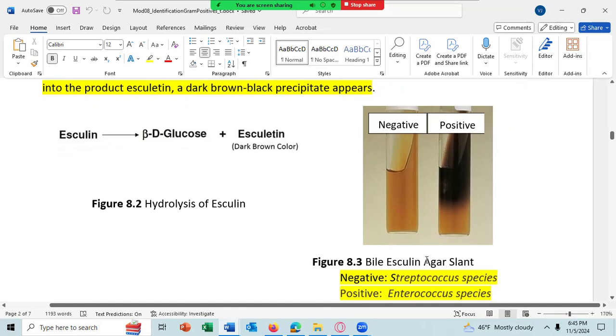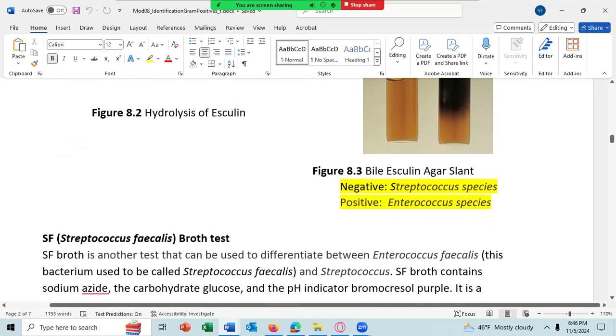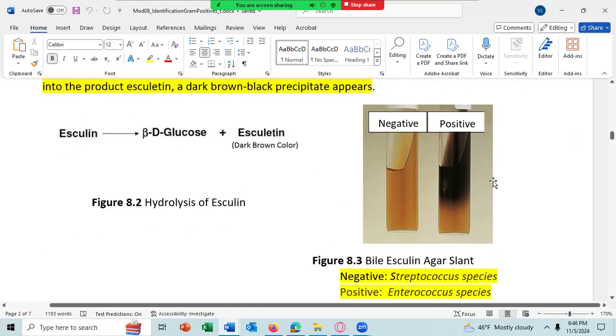Streptococcus species are negative in the bile-esculin test. Enterococcus species are positive in the bile-esculin test. To be positive, the blackening or darkening has to be 50% of the tube or more, which is a little bit more than 50%.